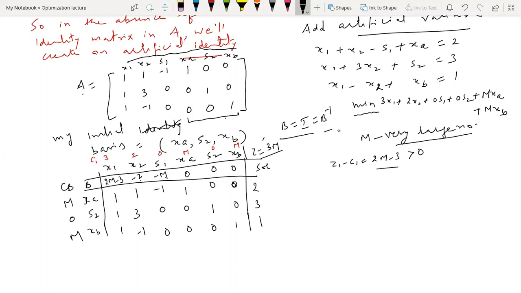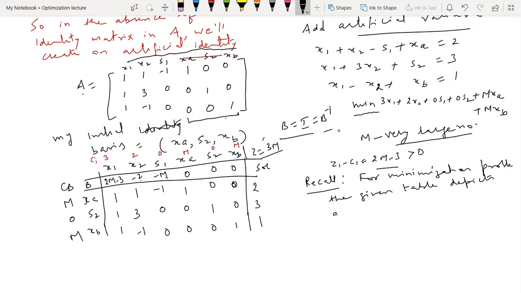So recall, for a minimization problem, the given table depicts an optimal solution if zj minus cj is less than or equal to 0 for all j.